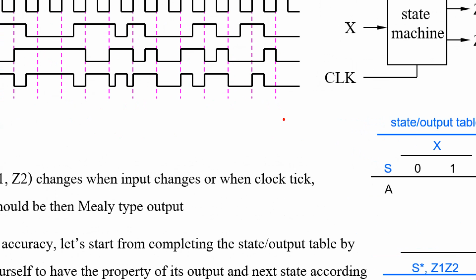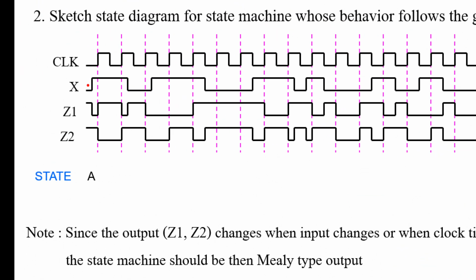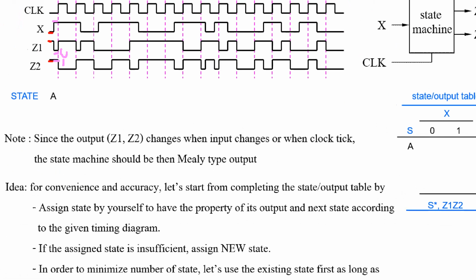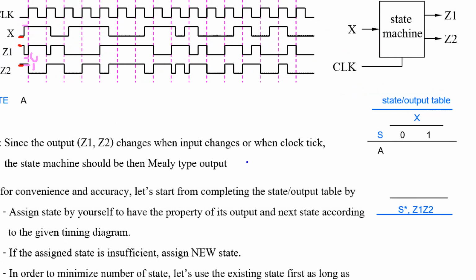So from this timing diagram, when x is 0, output z1 z2 is 1 1. When x is 1, output is 0 1. So we can fill this in here, right?